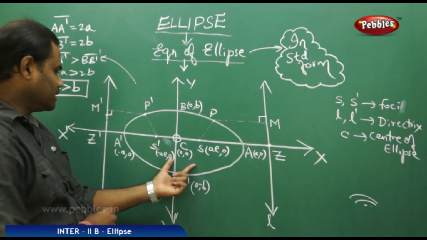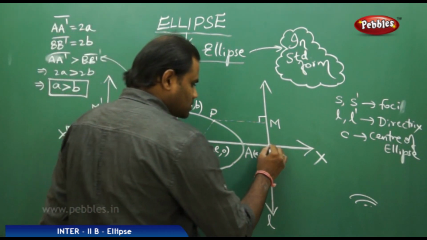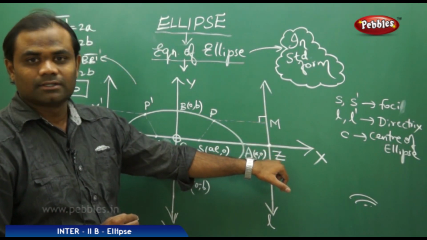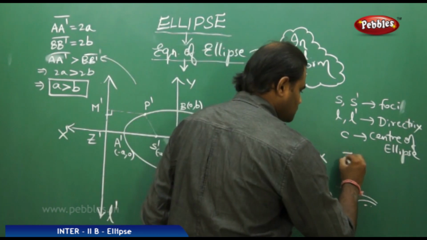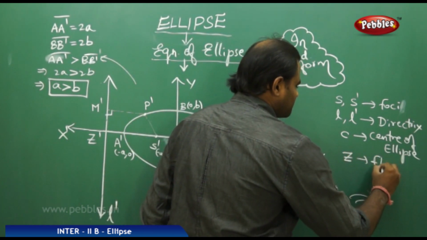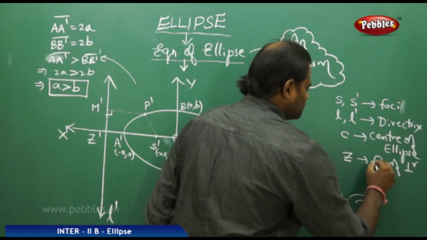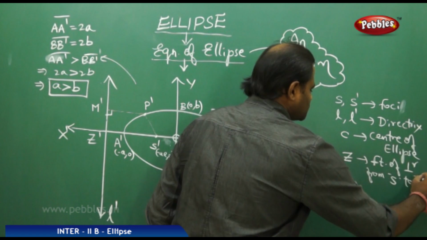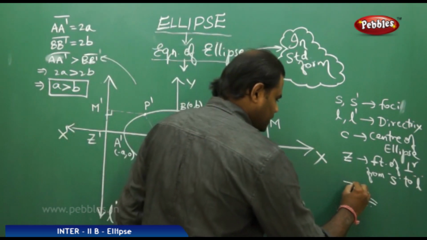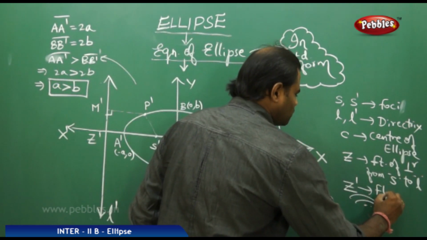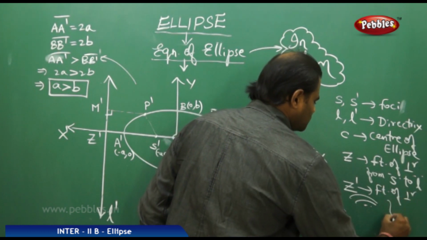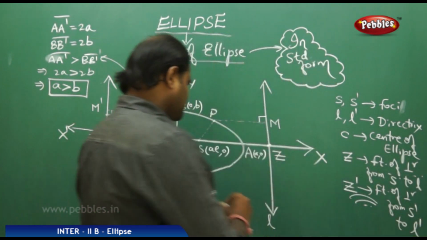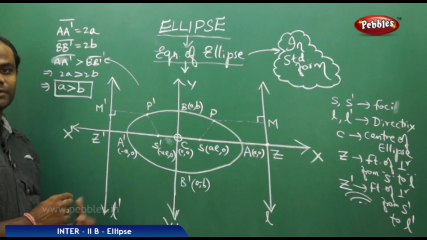The focus, the center, and A is given, and the coordinates of the foot of perpendicular from focus to the directrix, which is Z. Z is the foot of perpendicular from focus to the directrix, and Z dash is the foot of perpendicular from focus S dash to the directrix L dash is what we see here.